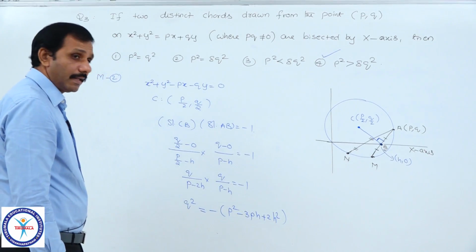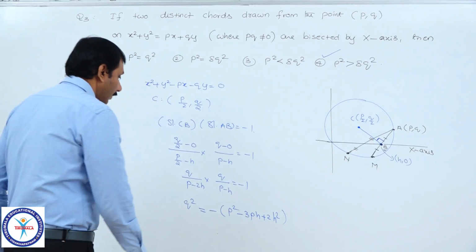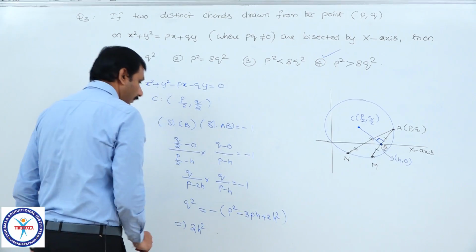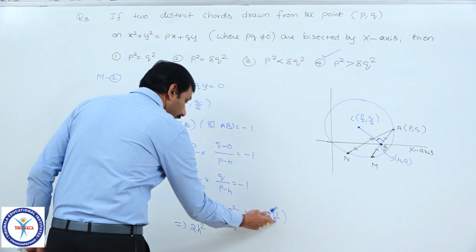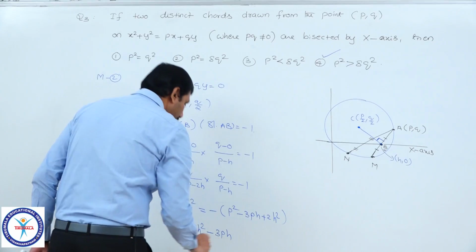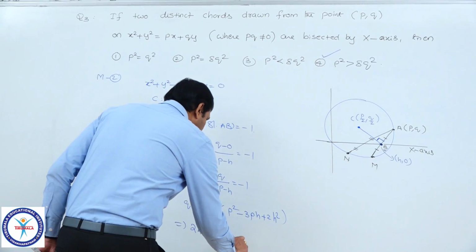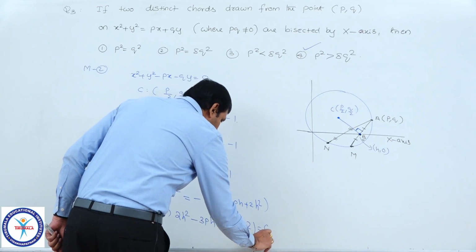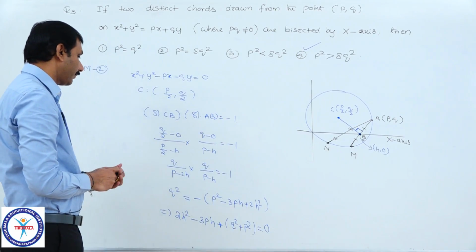Now I will write this as a quadratic equation in terms of h: 2h square minus 3ph plus q square plus p square is equal to 0. Observe this.